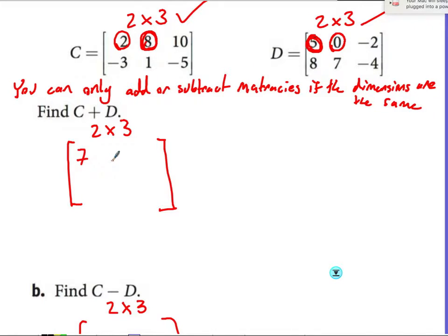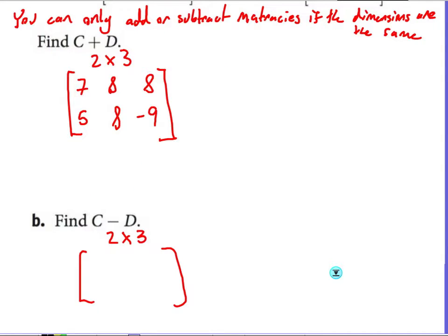So 8 plus 0 is 8. 10 plus negative 2 is 8. Negative 3 plus 8 is 5. 1 plus 7 is 8, and negative 5 plus negative 4 is going to be negative 9. So it's as simple as that. That's all you have to do.